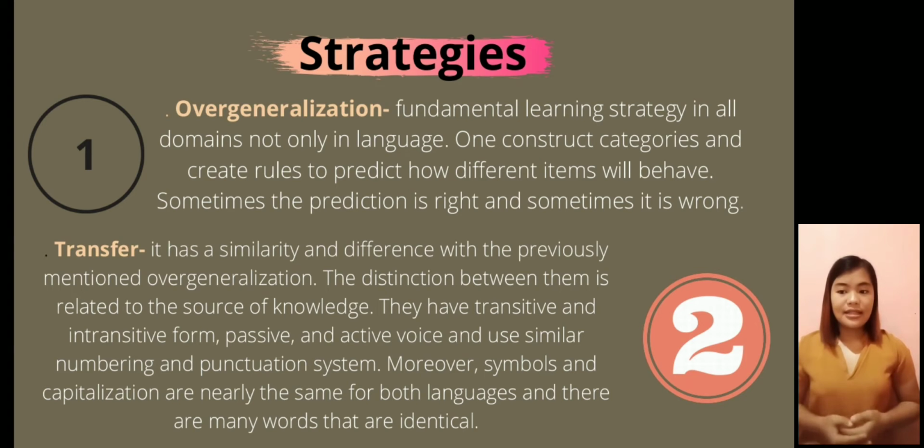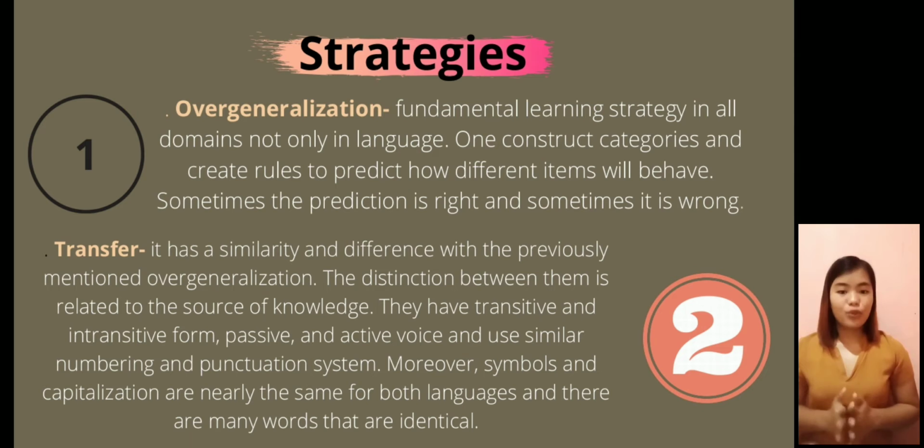In case the result of generalization is wrong, the source of the language rule the learner uses will determine the kind of error. Errors derived from generalization of an L2 rule are labeled as intralingual errors. On the other hand, if learners generalize an L1 rule, the errors caused by it are labeled as interlingual errors.